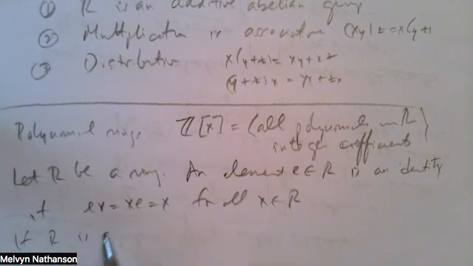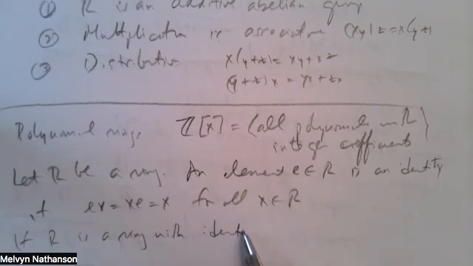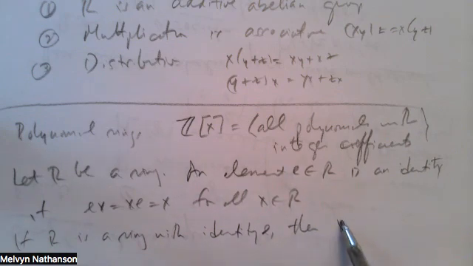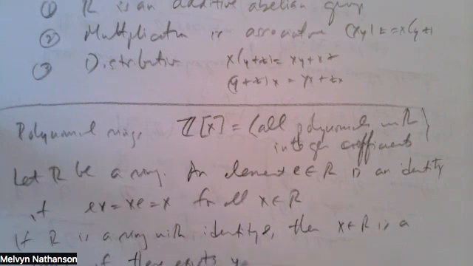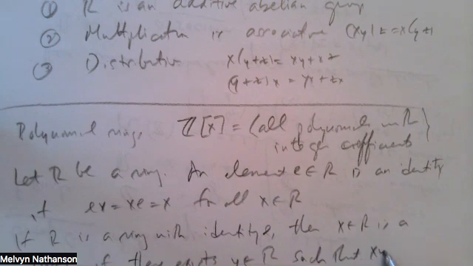If R is a ring with an identity E, then X in R is called a unit if there exists an element Y in R such that XY and YX equal the identity. So the units are the elements which in some sense are invertible.